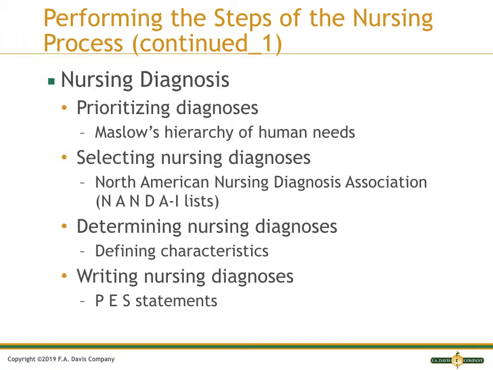So to select a nursing diagnosis, you're going to select from the NANDA, the North American Nursing Diagnosis Association list, which you should have a list somewhere. If not, you can easily find it on Google. It's a list. Basically, it's specifically written to make diagnoses easy to find, and then it's updated every 2 years based on evidence-based practice.